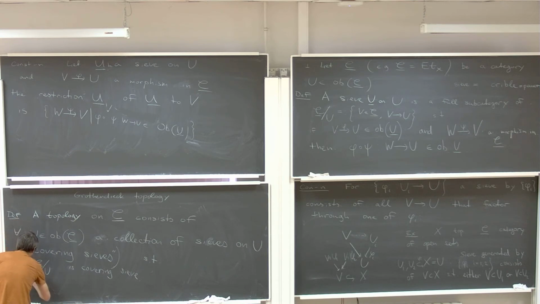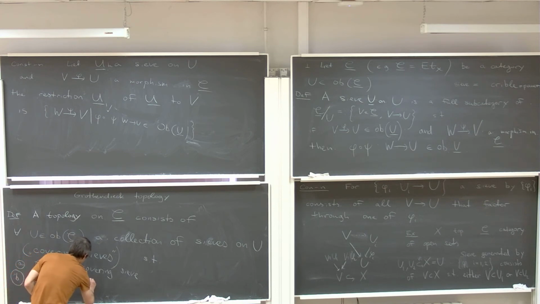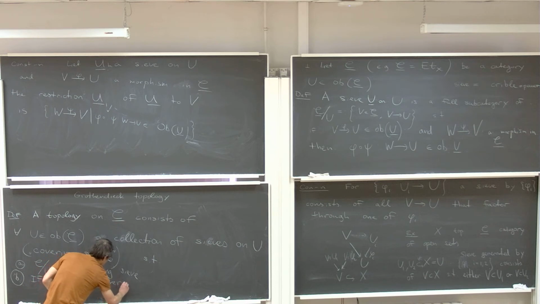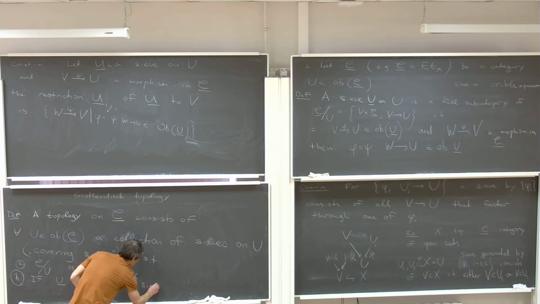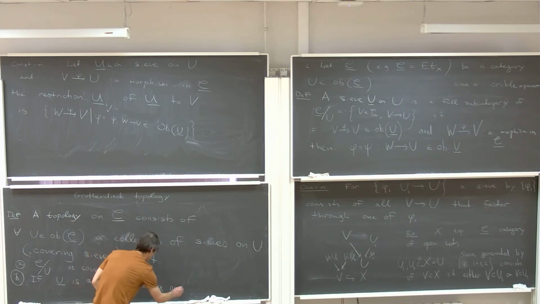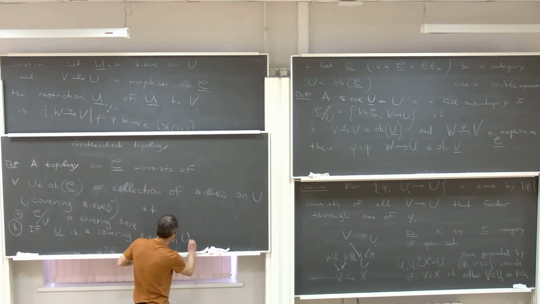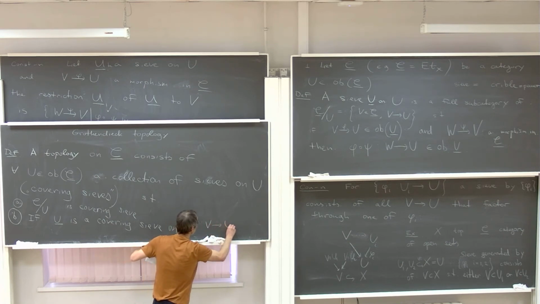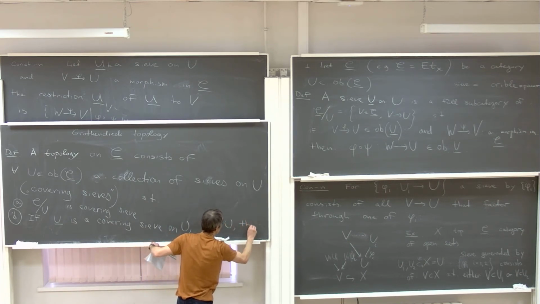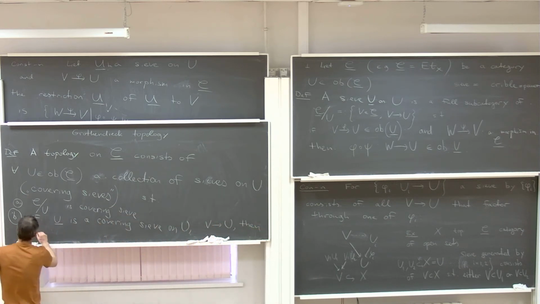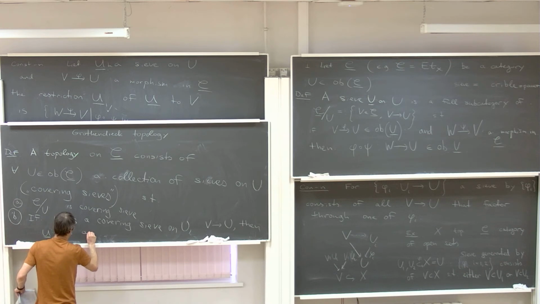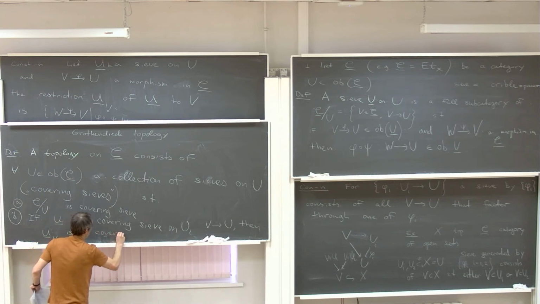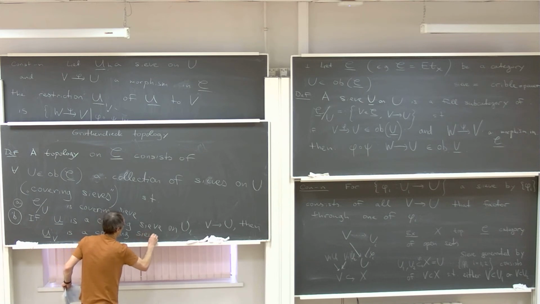So if U is a covering sieve on U, and I have any morphism from V to U, then the restriction is a covering sieve on V.